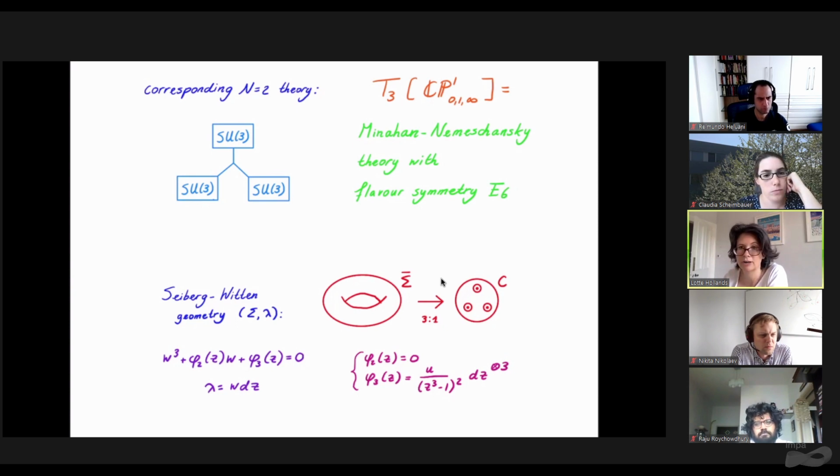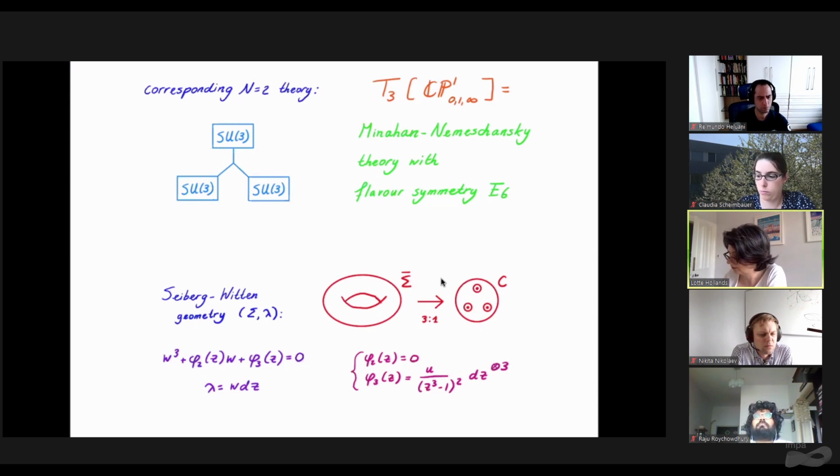So you might wonder where this E6 comes from. It turns out that the three punctures on the three-punctured sphere each correspond to an SU(3) flavor symmetry group. And you can argue that in the infrared, this flavor symmetry group is enhanced to E6.